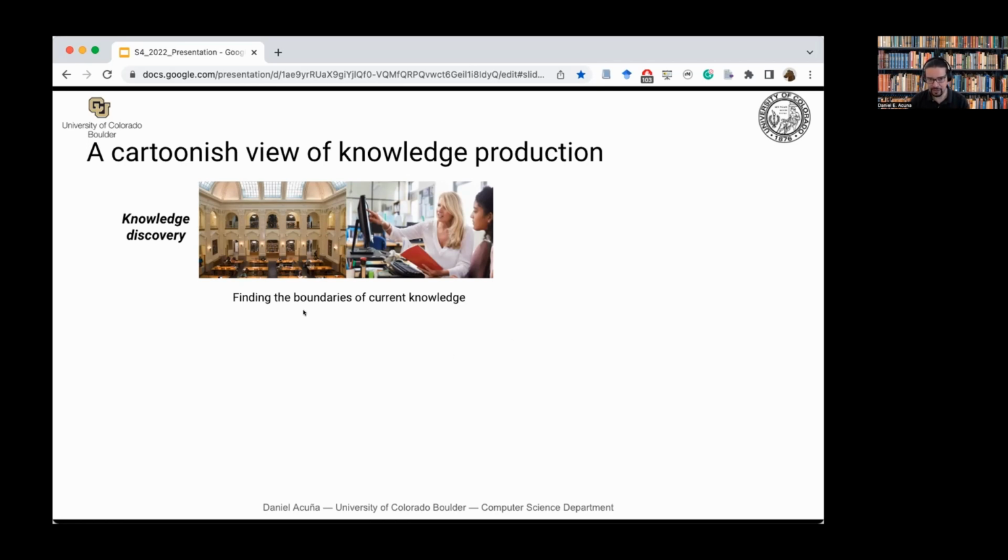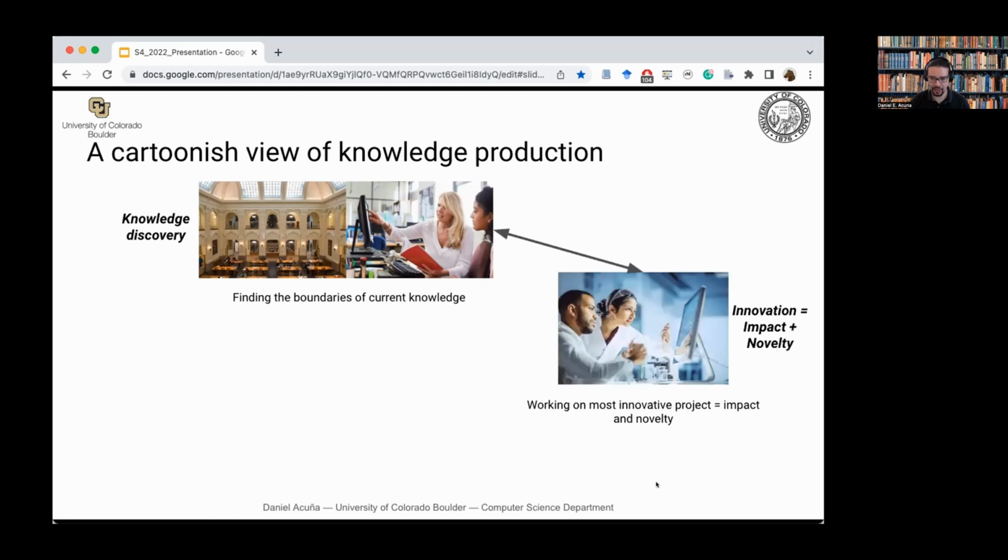You go to a library, or to Semantic Scholar, as we saw in the last presentation, or Google Scholar, and you say, this is what people published this year, this is the latest and greatest, and that's where I will start my research. Then you choose, out of the potential boundary of science, what you will work on because you believe it has the most impact and the most novelty, so nobody else will presumably be working on this.